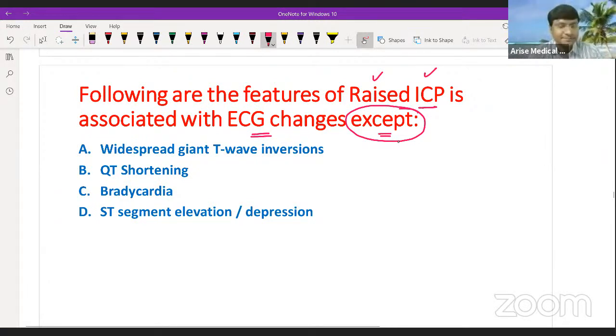That is the question. Widespread giant T wave inversions, QT shortening, bradycardia, ST segment elevation or depression. Which of the following is not an ECG change in raised intracranial pressure? Anyone?